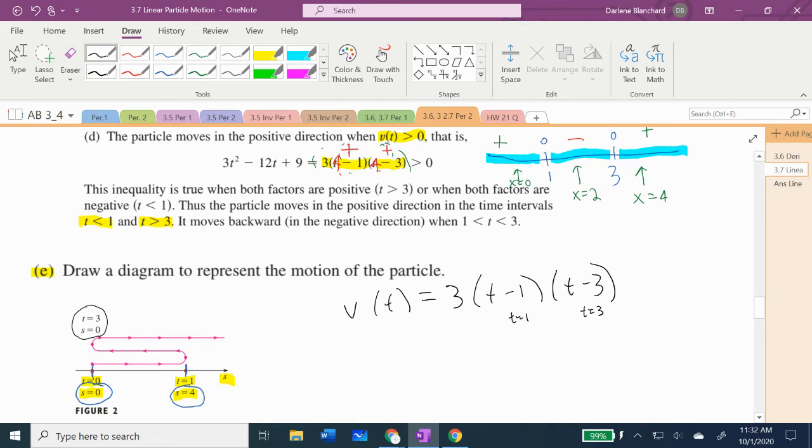So what that is telling me is during the first second, I move forward from position 0 to position 4. Then, as I go from time 1 to time 3, it moves in the negative direction backward and comes back to position 0 at time 3. After time 3, it simply moves in the positive direction.